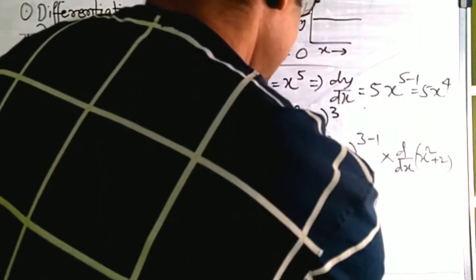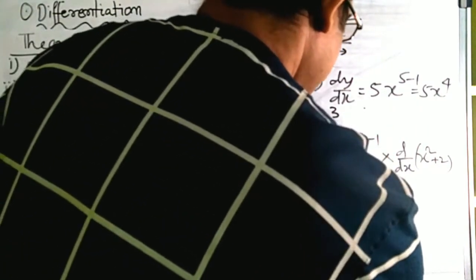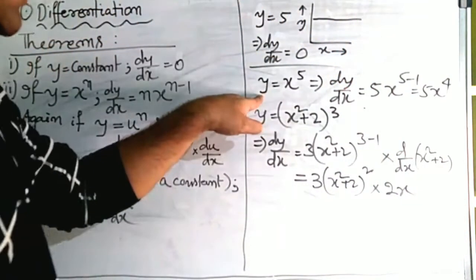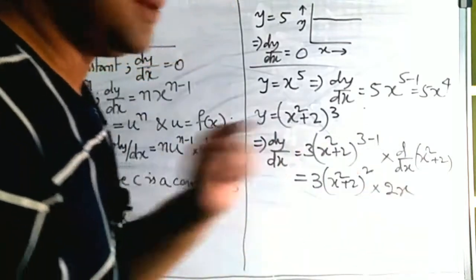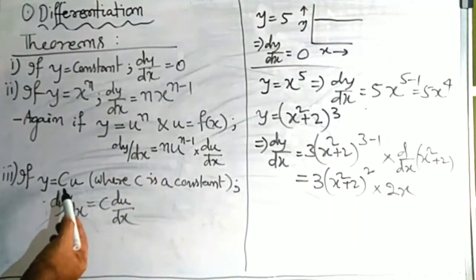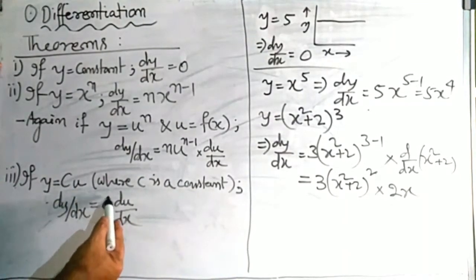So this is equal to how much? 3 minus 1 is 2, so 3 (x square plus 2) square multiplied by, this is how much? 2x, right? We have done that already. 2 x to the power 2 minus 1, that's x to the power 1, that is 2x.